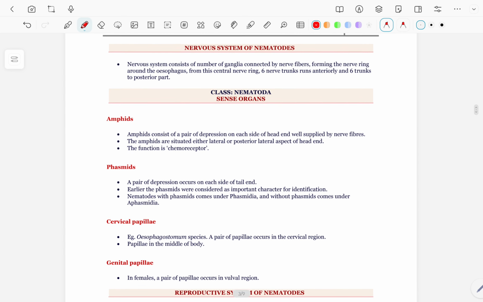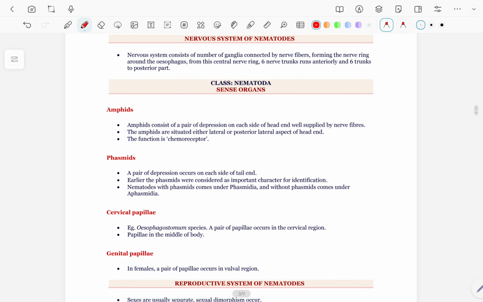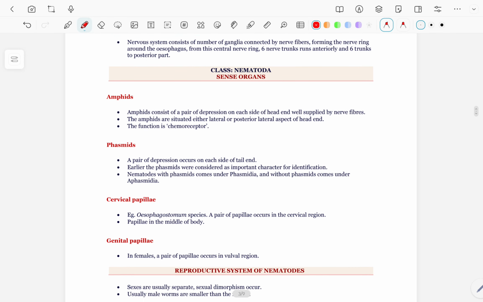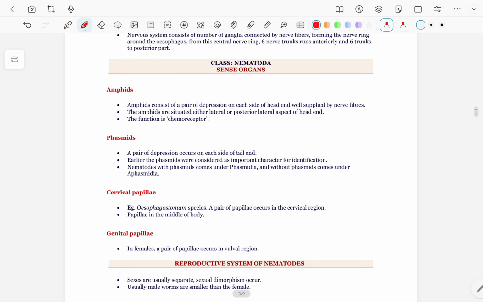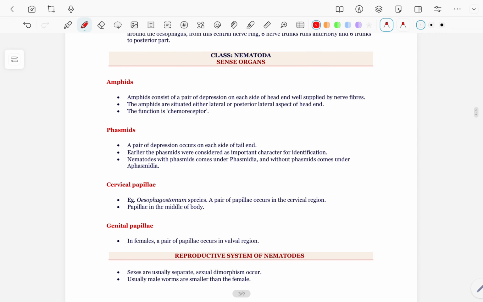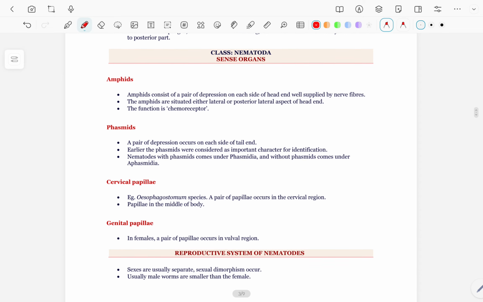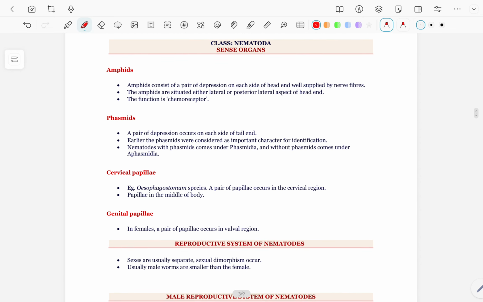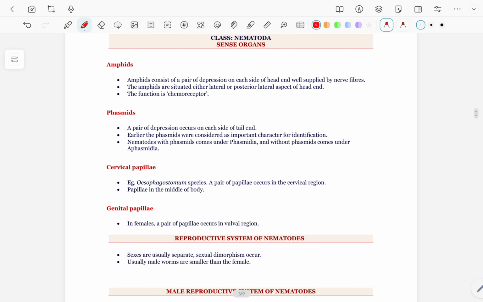Class Nematoda. Sense organs. Amphid. Amphids consist of a pair of depressions on each side of the head and are well supplied by nerve fibers. The amphids are situated either on the lateral or posterolateral aspect of the head end.